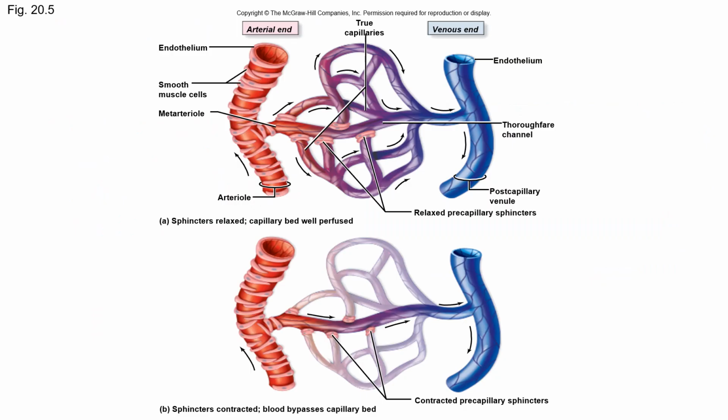And capillaries have a couple of interesting properties to them. Capillaries always exist in beds. You'll never find a single capillary by itself. And sometimes those capillaries have what's called a thoroughfare channel, one capillary that runs through the middle and carries blood flow straight from arteriole to venule.